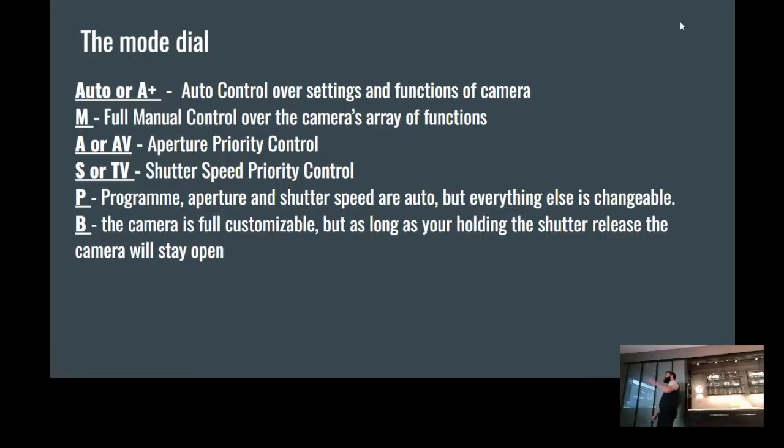When you feel like you've graduated from automatic and you're feeling more confident, you should try program automatic, or program. That allows you to let the camera do all of the things it wants to do. All you have to do is point and take a pretty photo, much like automatic.